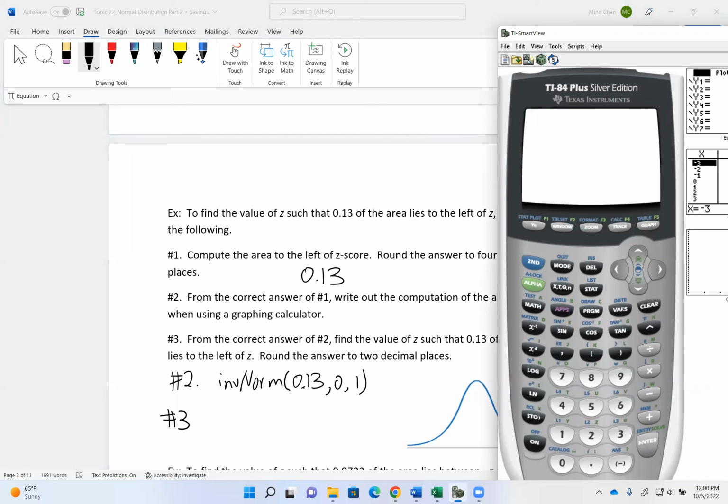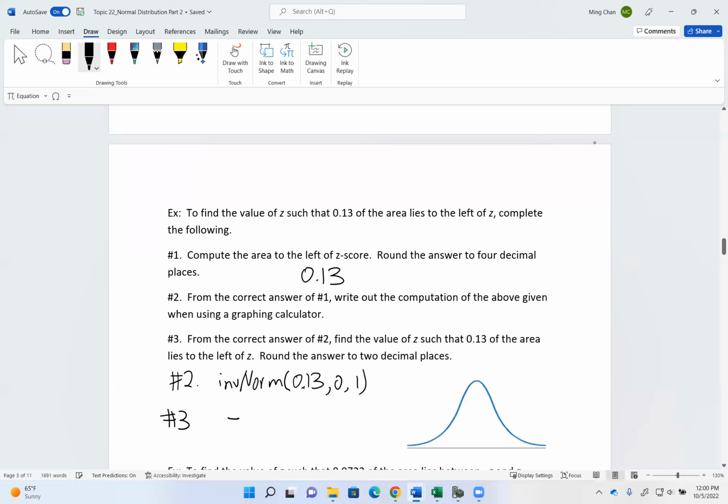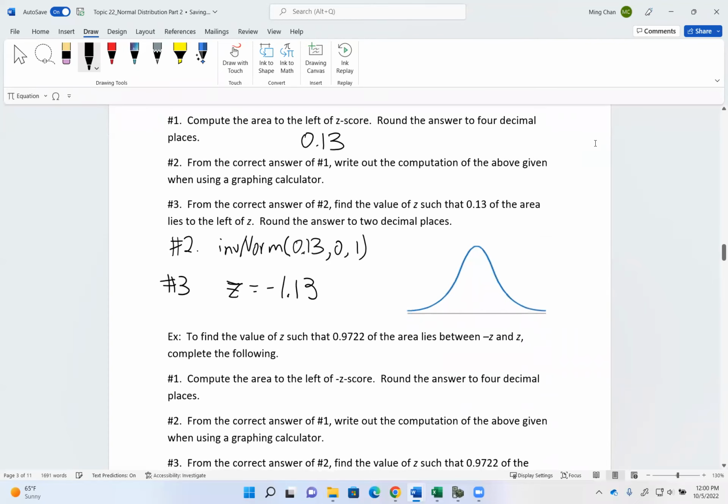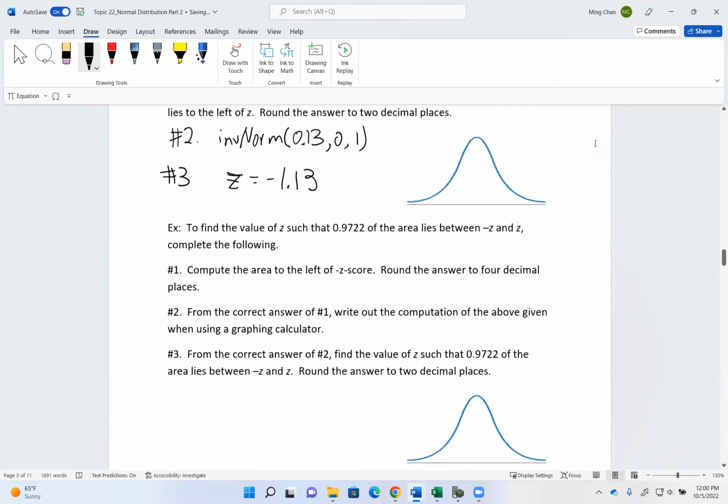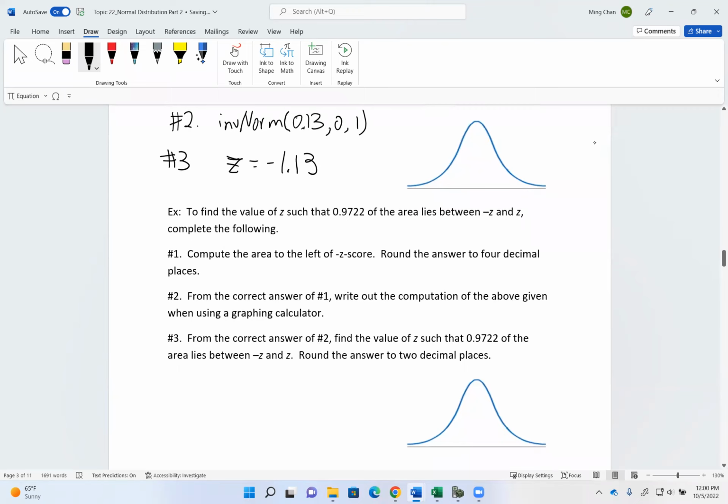So second vars, distribute, number 3. Okay, 0.13 area to the left, comma 0, comma 1. Voila, negative 1.13. There you go, that's my z-score. Okay, so this time, again, just like earlier, in between negative z and z, we're going to use exactly the same approach.